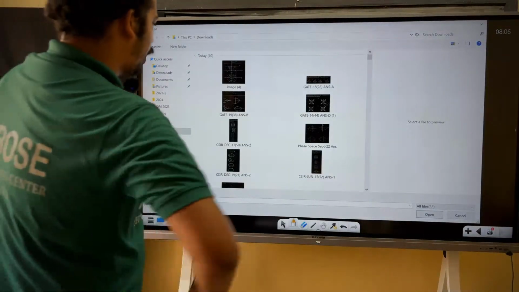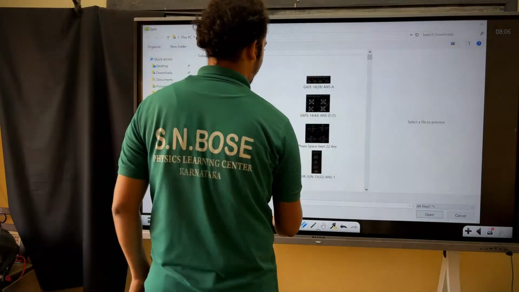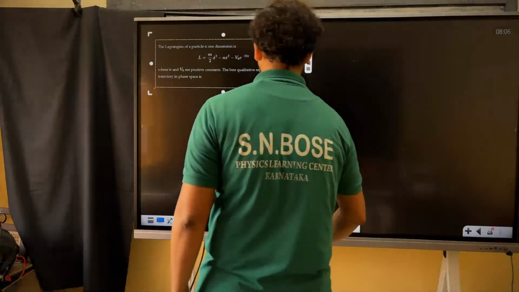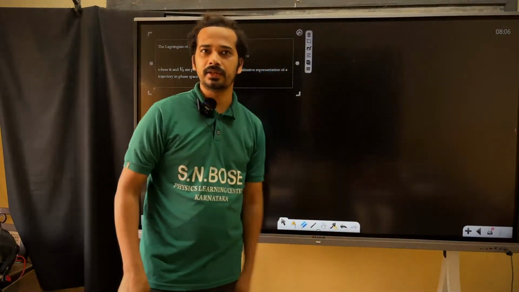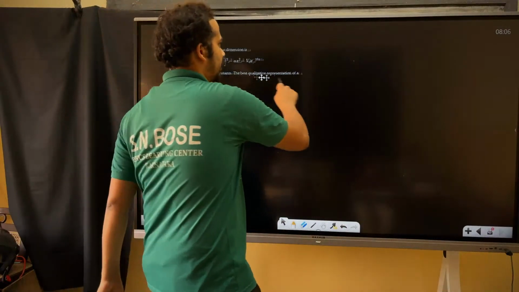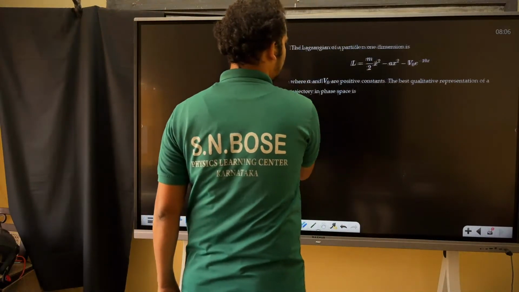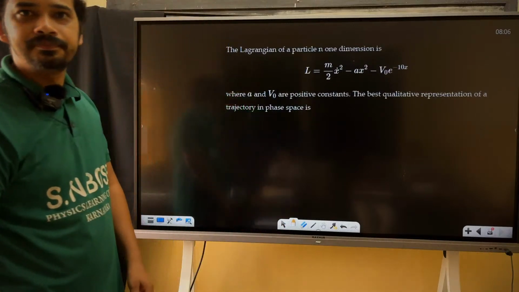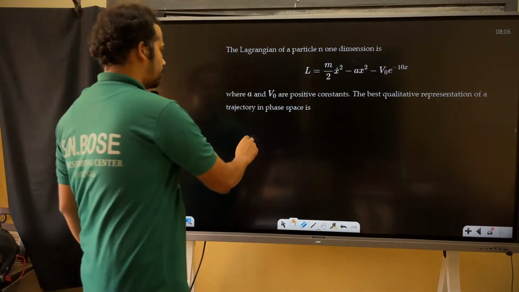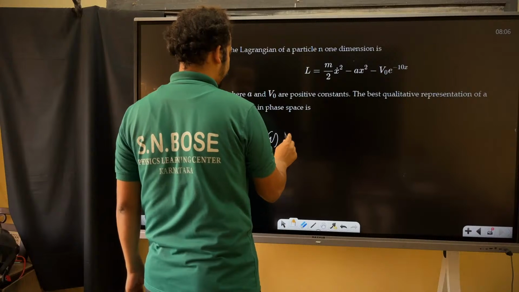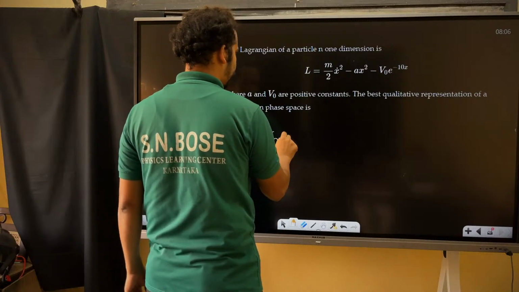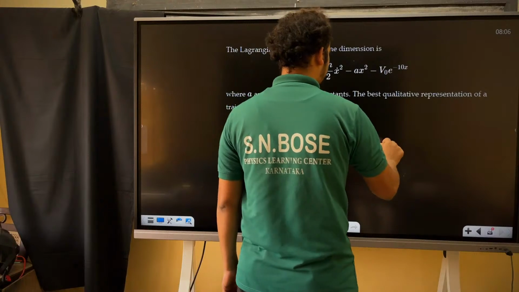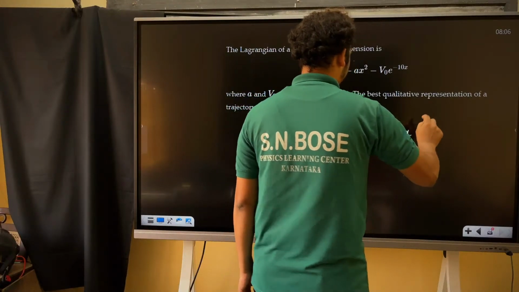Now we have one problem, which checks your curve plotting skill. Once you have this much idea, the next problem will exactly check what your curve plotting skill is. What is your potential? A x square plus V naught into e power minus 10x.